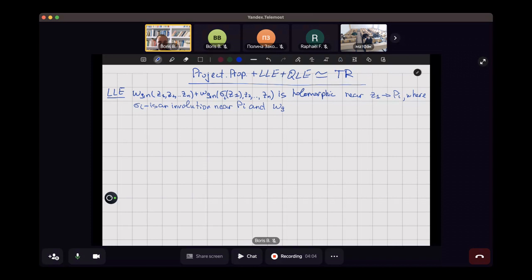At least it is true, it is equivalent to the projection property for rational spectral curves. So if the spectral curve is CP1, it is an equivalent statement to the projection property, and we will discuss it later.